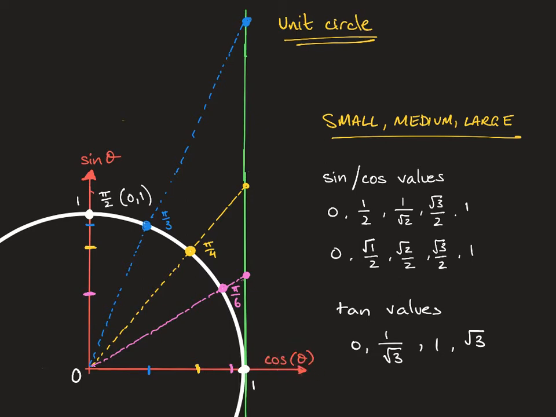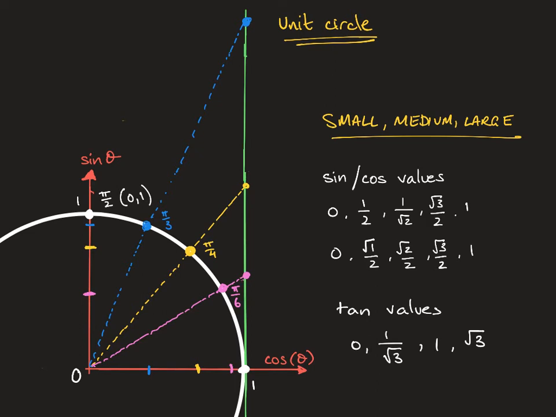So our angles are small, pi on 6, medium, pi on 4, and large, pi on 3. And so for our sine and cos values, you can see I've got a list here. You can either write them in this way or in their equivalent with the square roots all on the top. So the square root of 1, square root of 2, square root of 3. Some people like to write it like that.